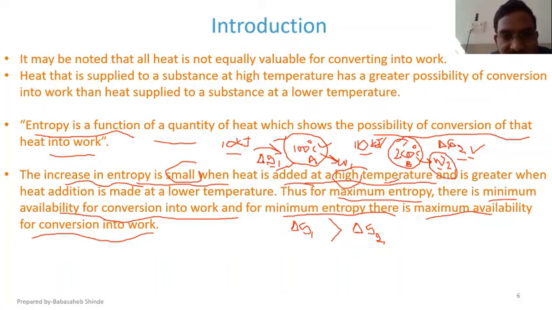When heat is added at 100 degrees Celsius, we get W1. And we know that W2 is greater than W1, whereas delta S2 is smaller than delta S1. So this last statement is correct. When there is minimum entropy change, there is maximum availability. And when there is maximum entropy change, there is minimum availability. Is that fine with everyone?